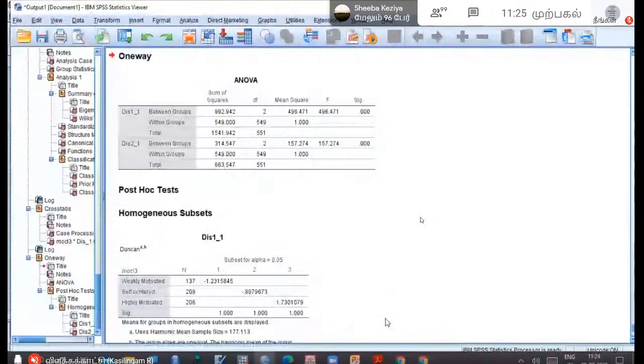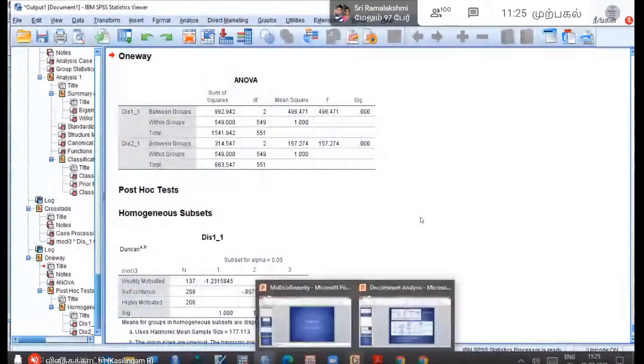Now I have between groups 992, within groups 549, total 1451. Then for the second function 314 and 549 and 866. Same table.